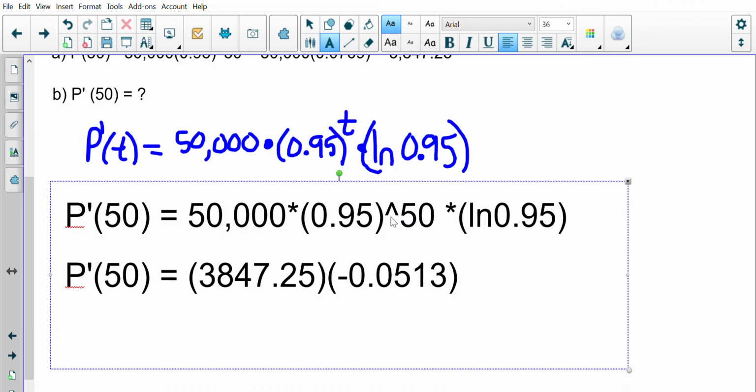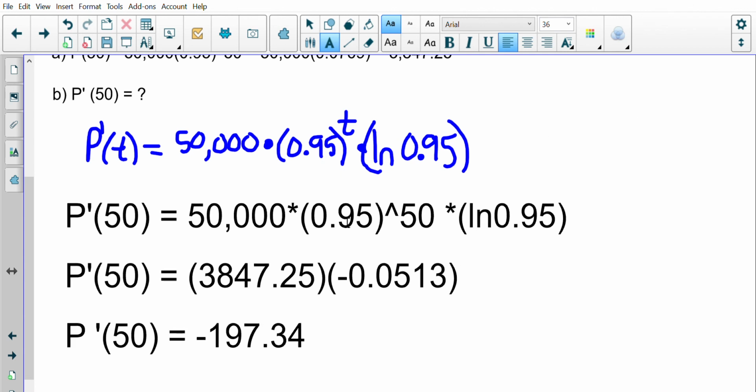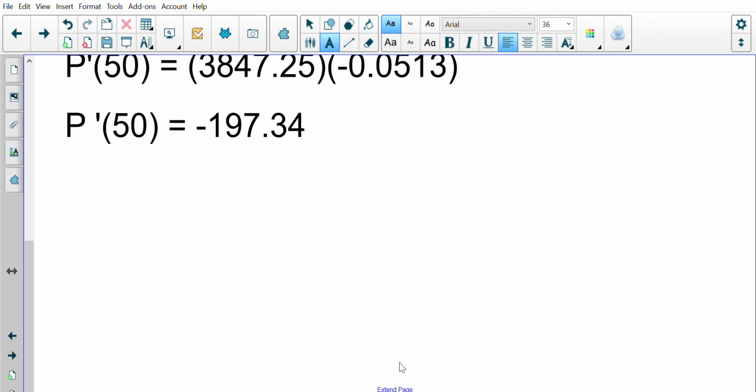That's a little bit of practice here. You have to be able to find that either on your calculator, your cell phone, or your graphing calculator. Then I multiply those two numbers and I get minus, because I have a positive times a negative, minus 197.34. Now, this is a word problem, so this actually means something.